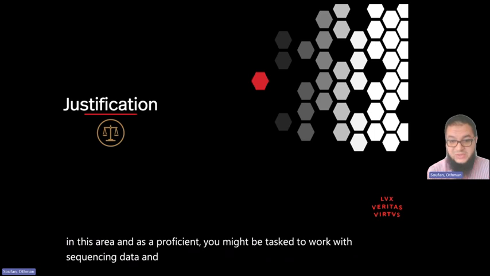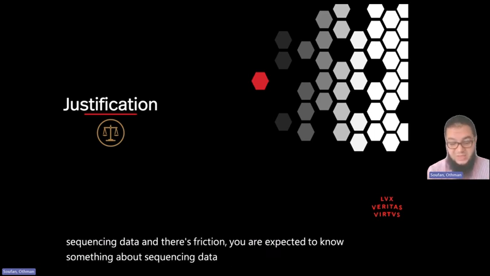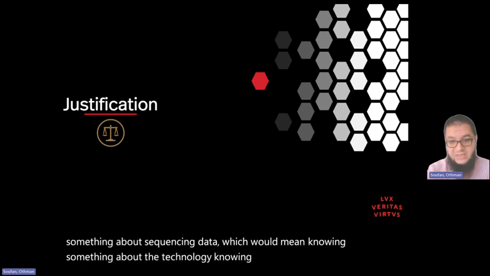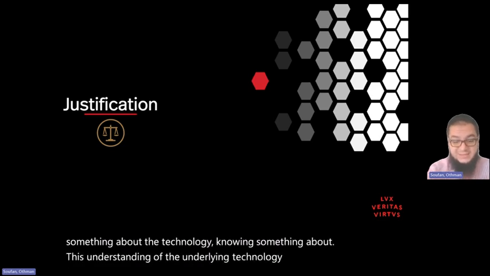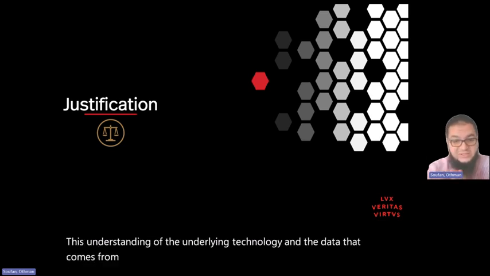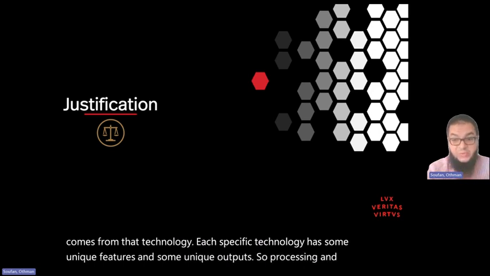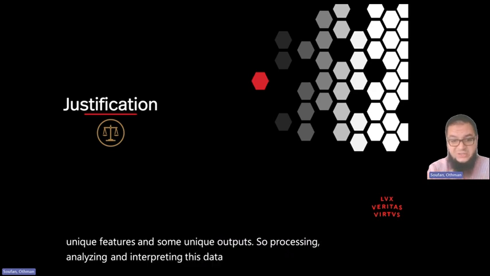And as a bioinformatician, you are expected to know something about sequencing data, which would mean knowing something about the technology, showing understanding of the underlying technologies and the data that comes from that technology. Each specific technology has some unique features and some unique outputs. So processing, analyzing, and interpreting this data correctly requires understanding the technology.